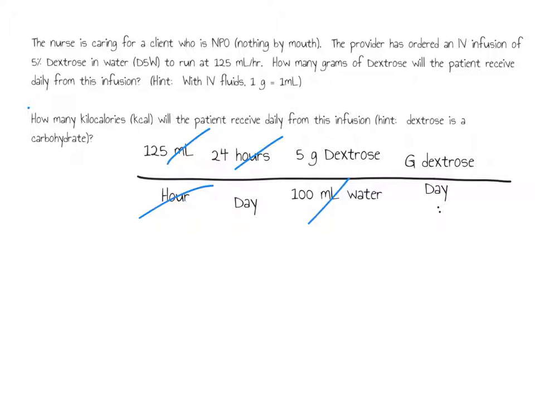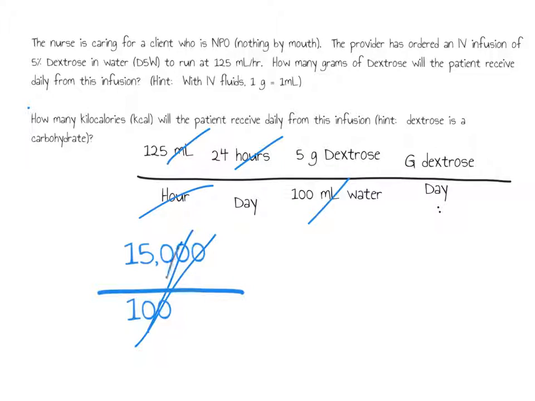You see I multiplied across. Now you can be really simple with this and just cross out the zeros, and you end up with 150 grams of dextrose a day. And that's your answer.